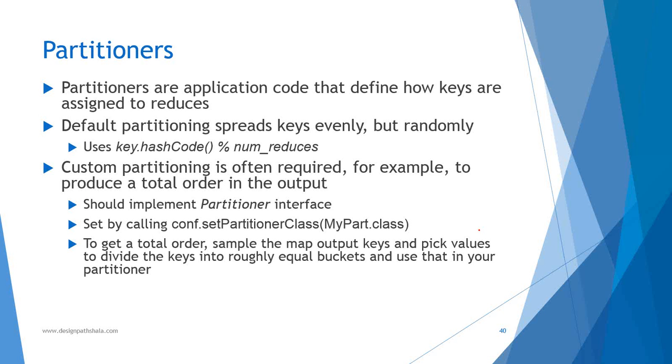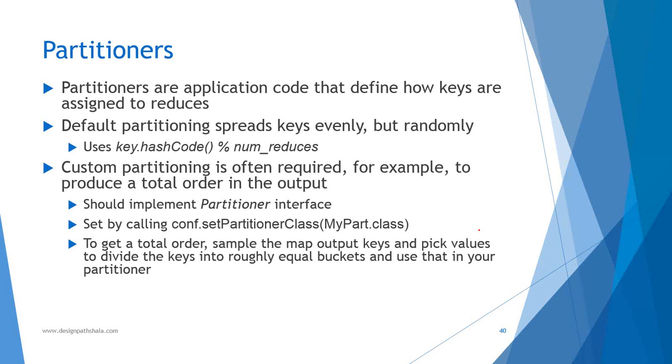With the help of the partitioner, I'll be implementing my hashing algorithm myself, and based on the output of that algorithm, the reducer would be chosen. This way we can play with the data, create our own hash keys, and direct the data to a particular reducer which is intended to process that data.